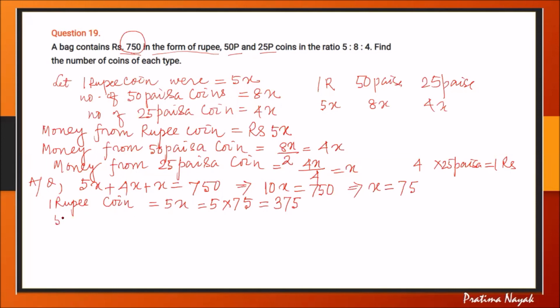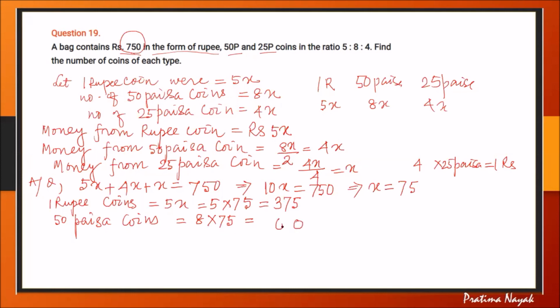And the 50 paisa coins are equal to 8 into 75. 8 into 75, so how much? 8 5s are 40, carry 4.